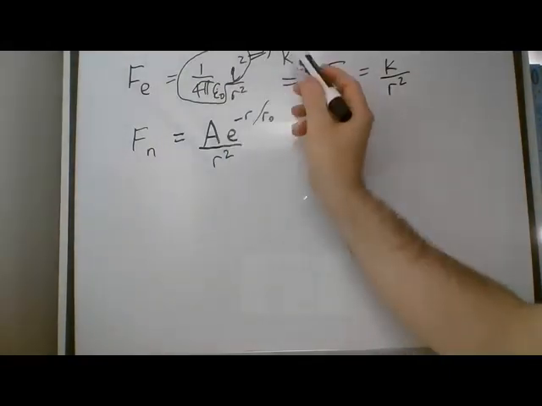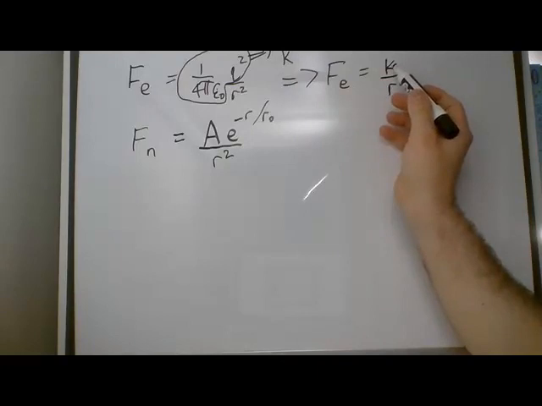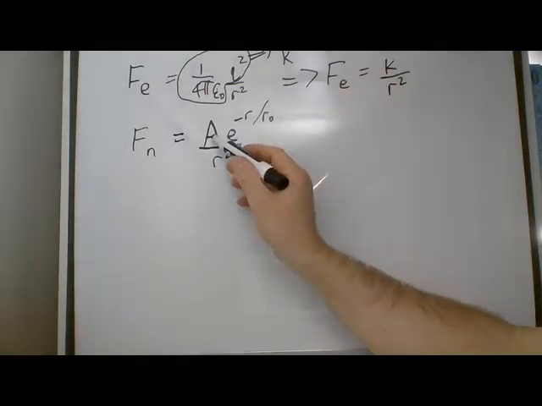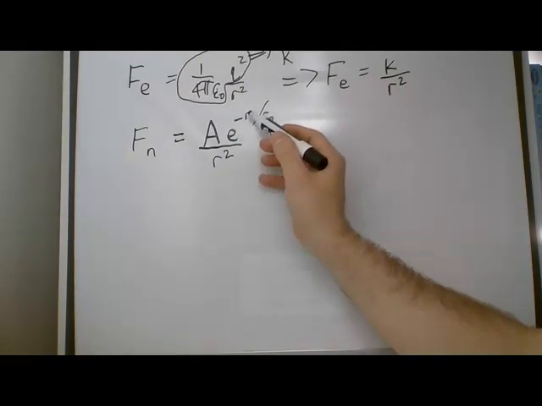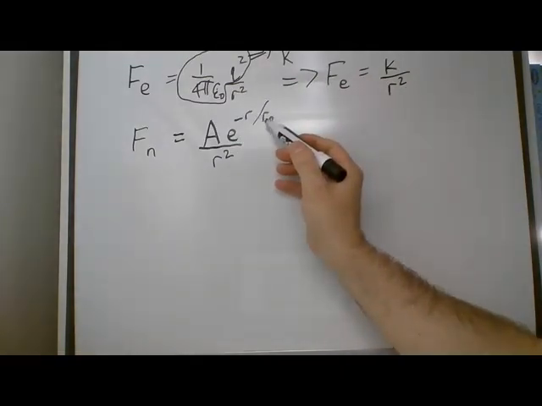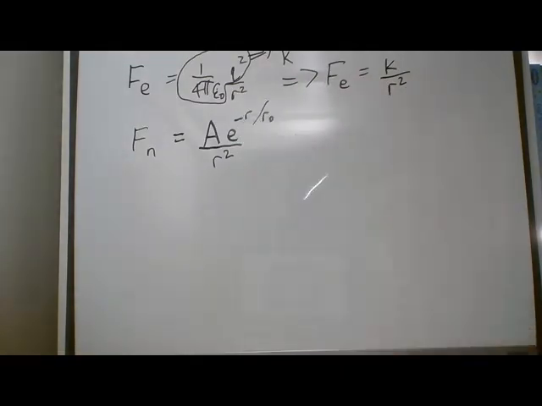So the constant in Coulomb's law doesn't decay, it's just constant over r squared. Here the constant over r squared decays exponentially as e to the minus r over r0, where r is the distance between particles within the nucleus.